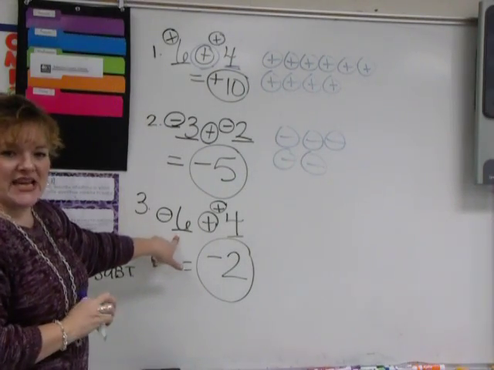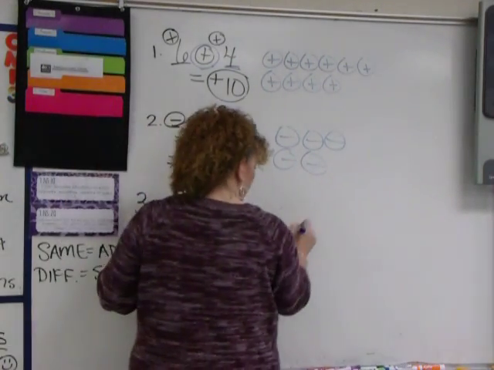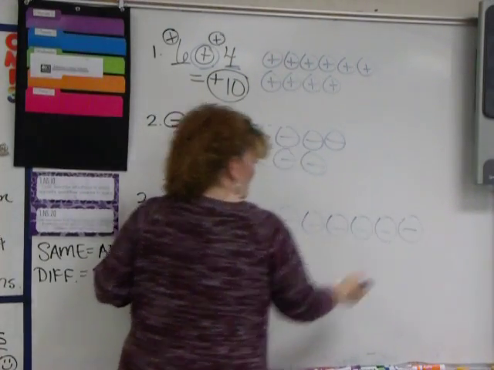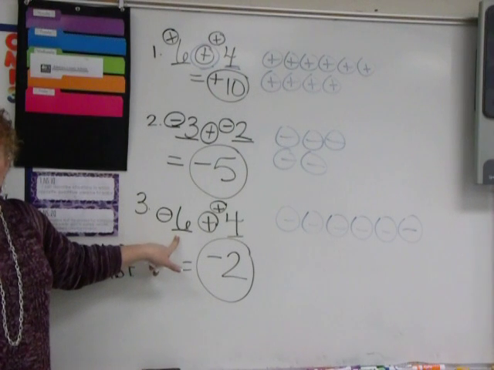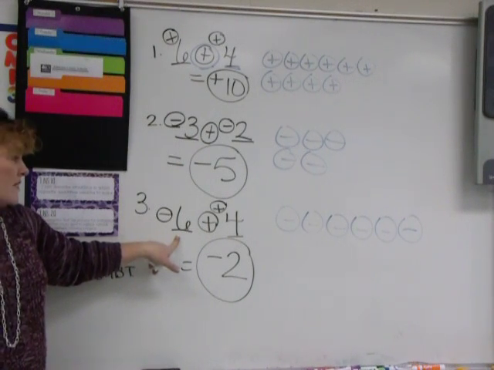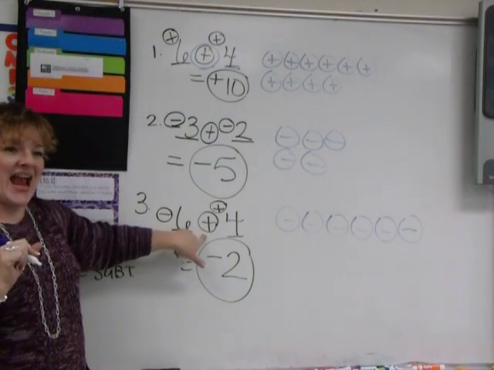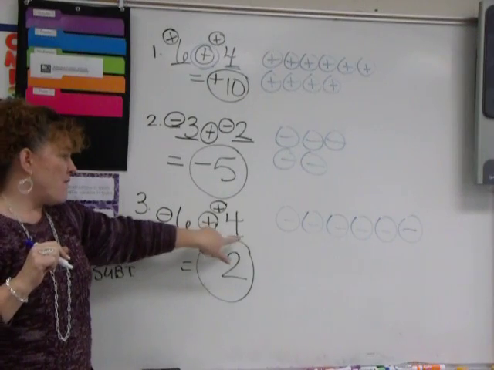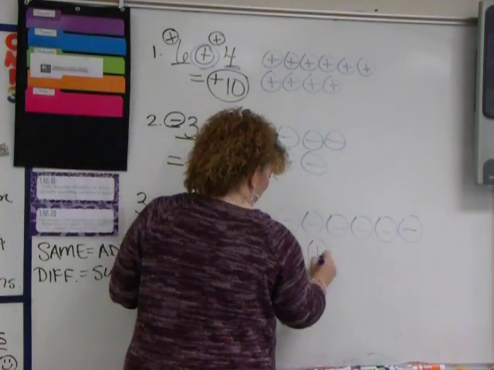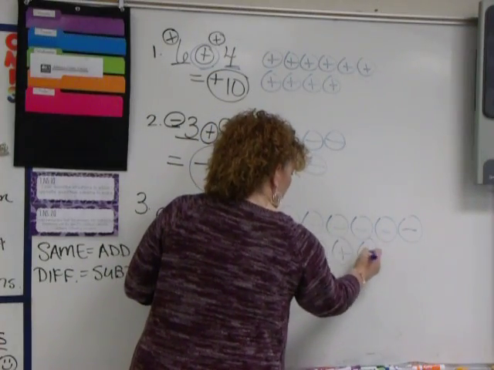Here I start with 6 negative chips. Now it wants me to add 4 positive chips. So I'm going to come down and I'm going to add 4 positive chips.